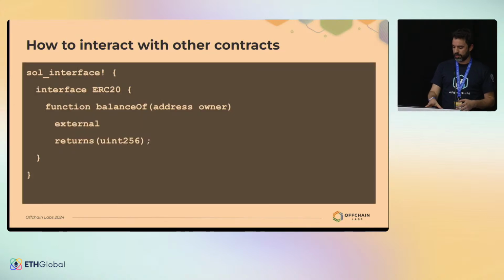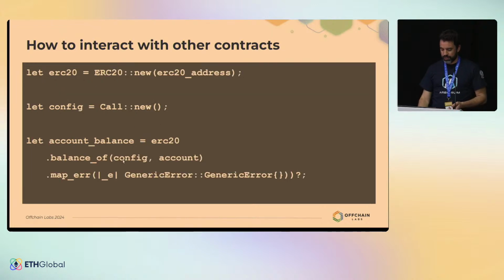This is an example of a Rust program that is declaring a Solidity interface. Notice that we are declaring the interface as we do in Solidity, using the same syntax. balanceOf is written in camel case, and this is a signature that you use in Solidity, right? When you call that method, you create the variable of the interface that you just imported.